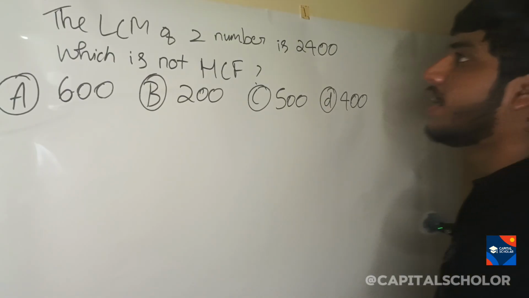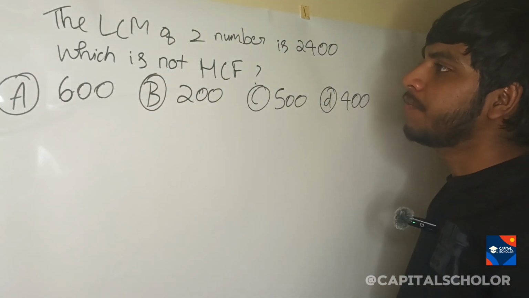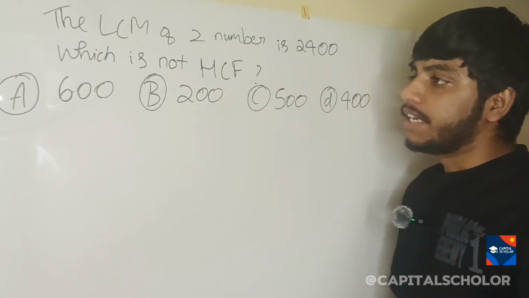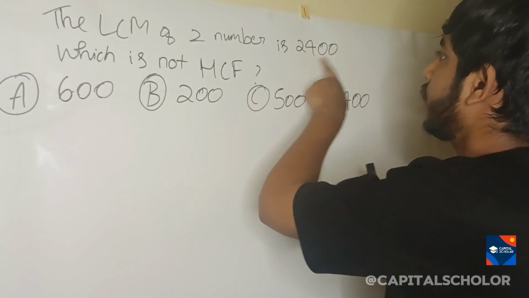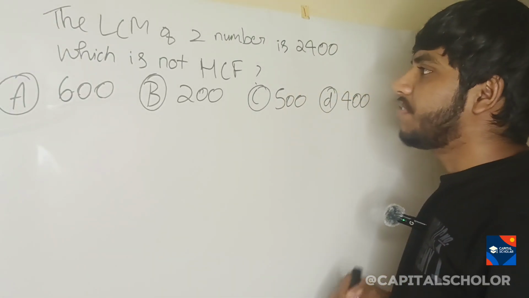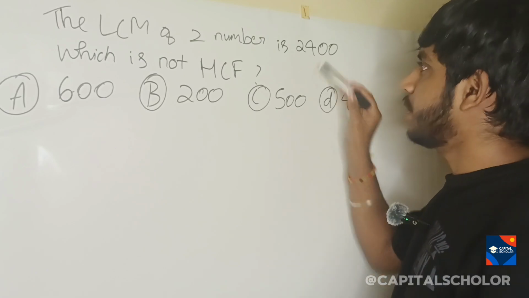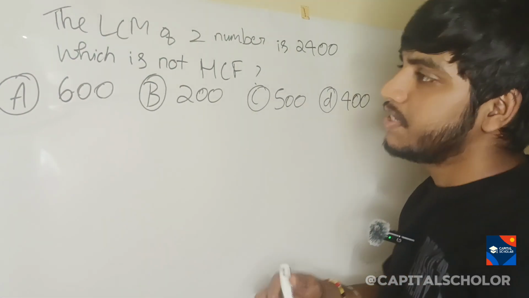The next question: the LCM of two numbers is 2400. Which of the following options is not an HCF of 2400? As I told in the beginning of the video, if HCF is a factor which divides the number, in the following which number doesn't divide? Does 6 divide?